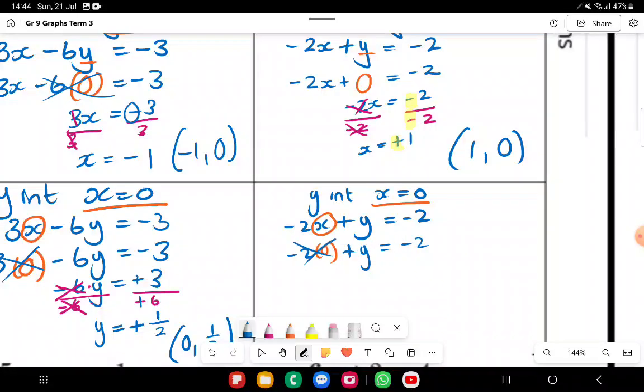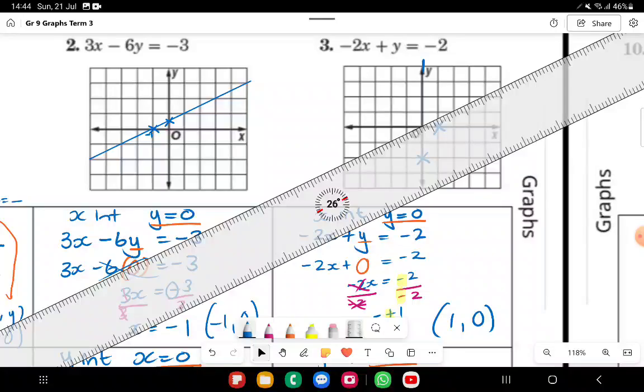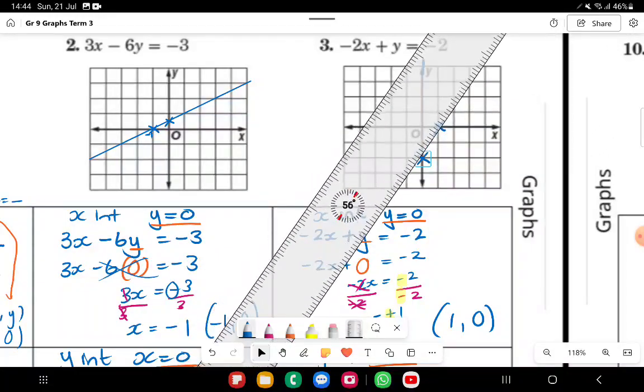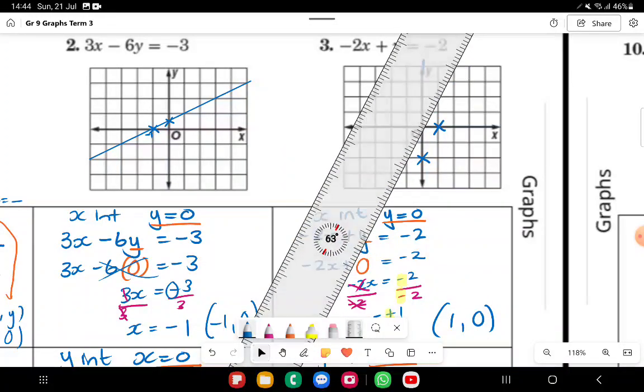That's gone because anything times 0 is 0. Y equals -2. My coordinates are 0, -2. When x is 0, y is -2. Get my ruler, and then I can line them up real nice and sketch a straight line.